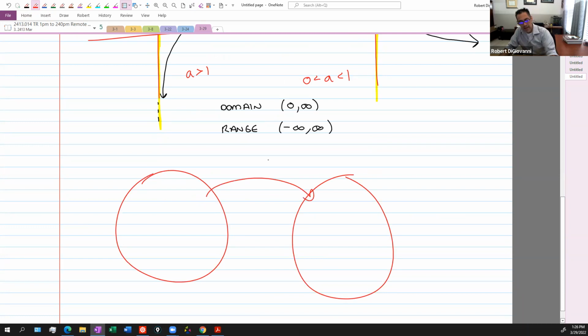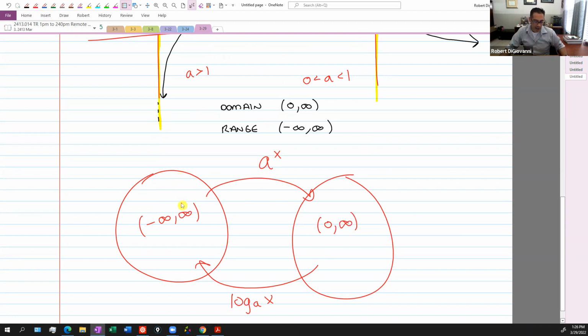If you have a to the x going this way and a log function going back, then if this is everything, negative infinity to infinity, and all that comes out is 0 to infinity, then the domain of a to the x is actually equal to the range of the log. It's the input of a to the x is the output of the log. So the domain of this is the range of that. Do you see what I'm saying? That's why there's a correspondence there. Yeah, it makes a lot more sense now.